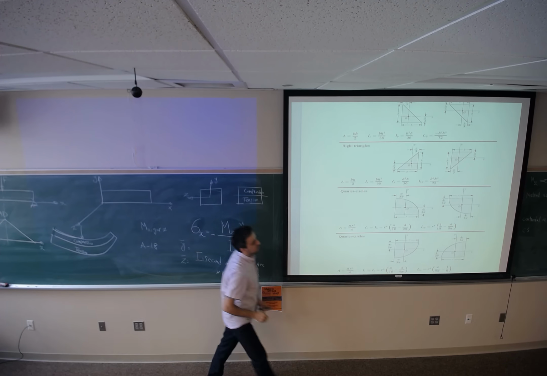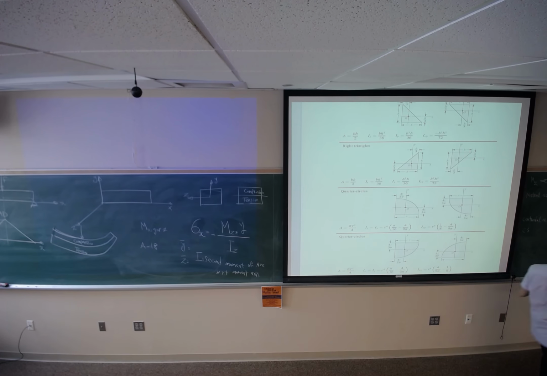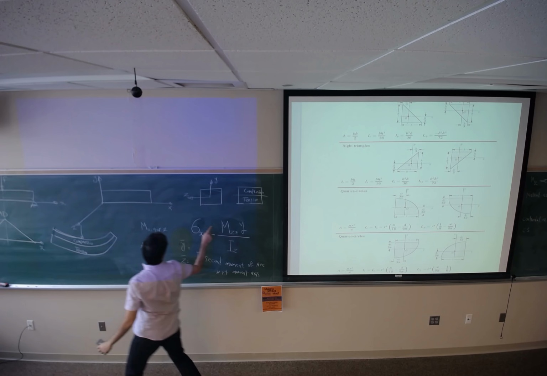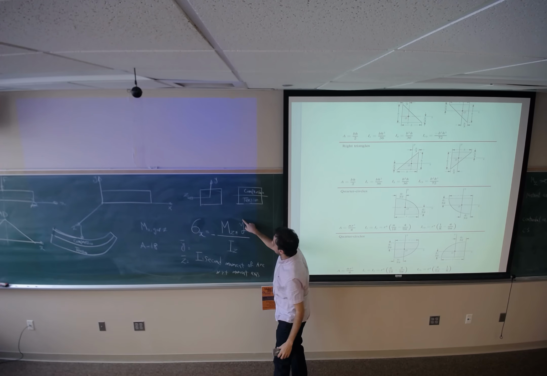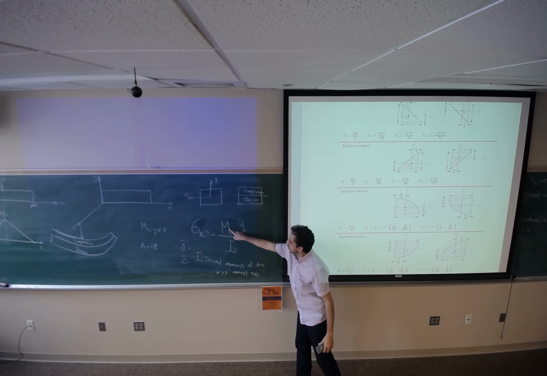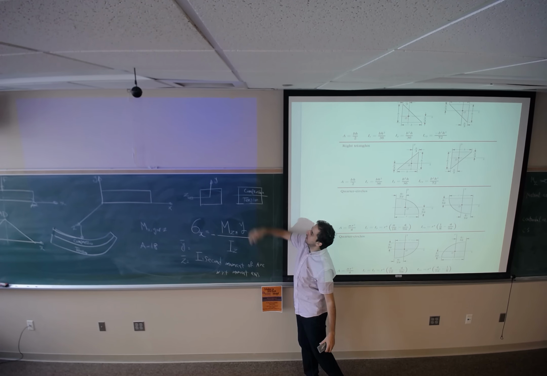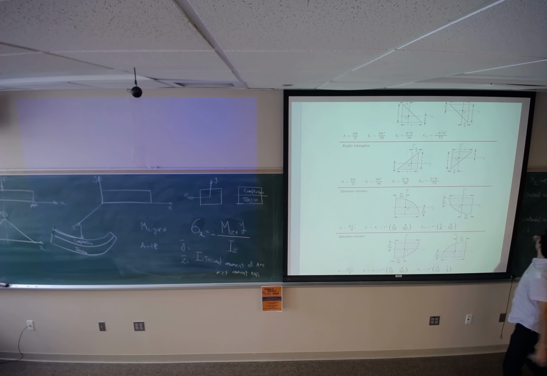Why do we need to have one negative? Because just consider a point on the top of this line. The y coordinate is positive, and M is also positive. As you see, M is positive. Positive times positive, and Iz is always positive, so you will get a positive number. But we know that any point on the top of the neutral axis is going to see compression.